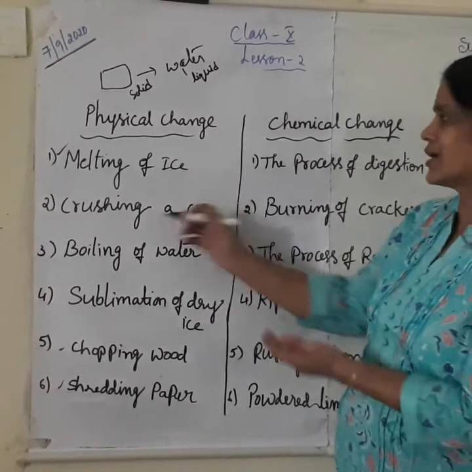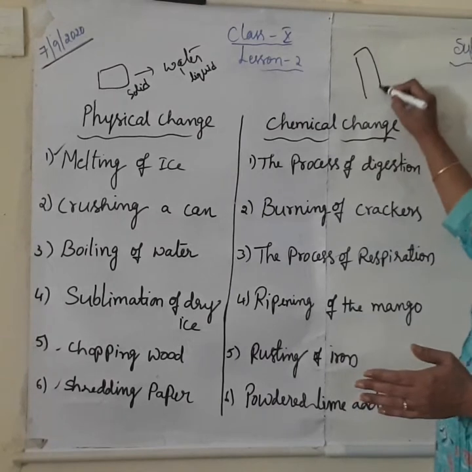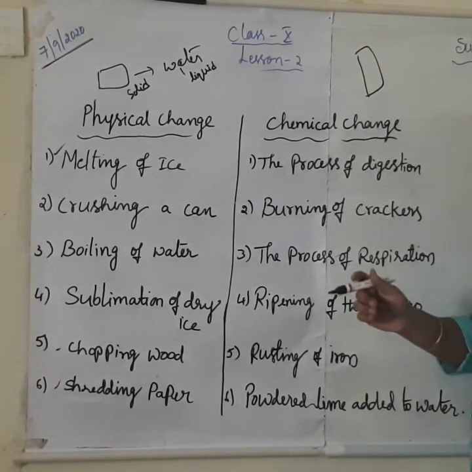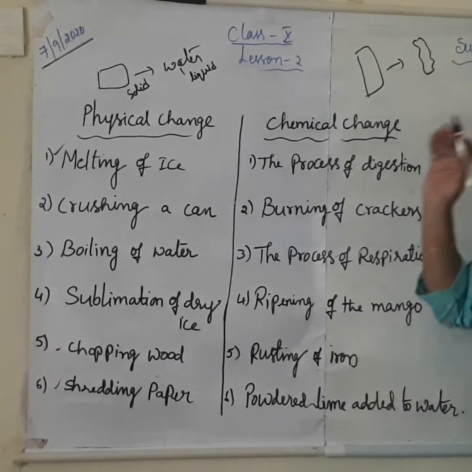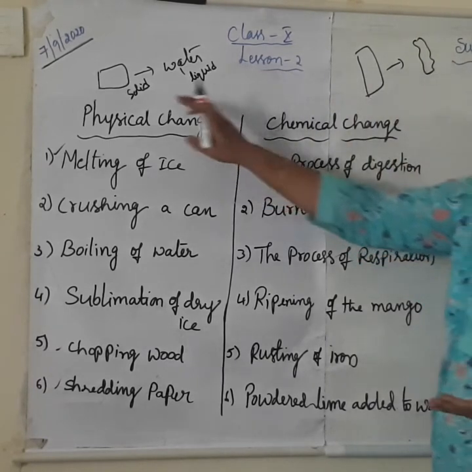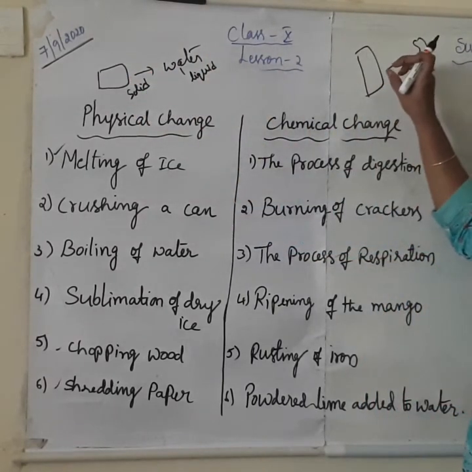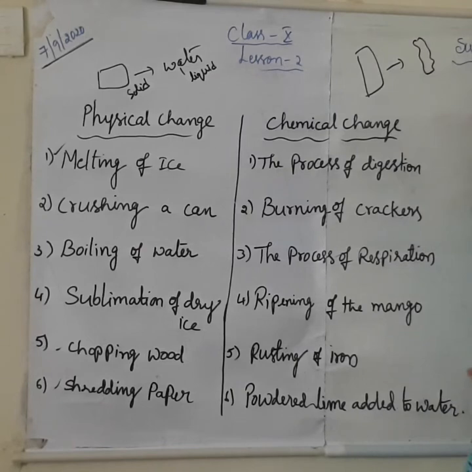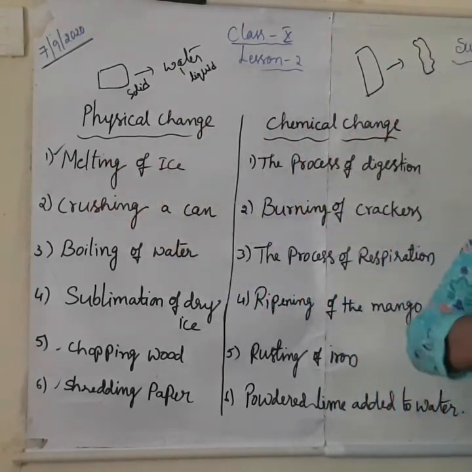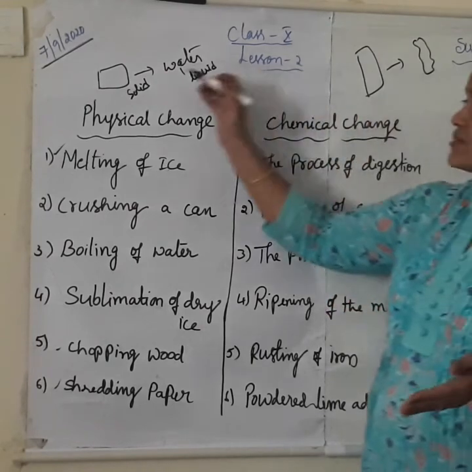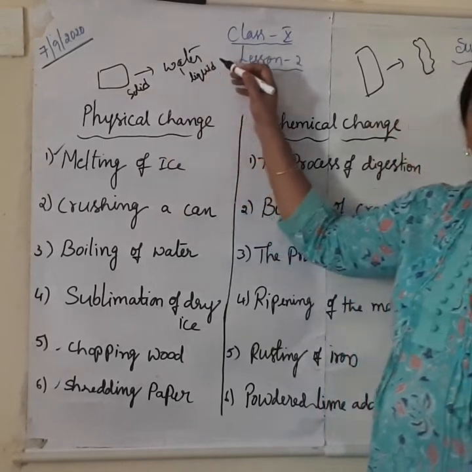Next, take the crushing of a can. You take the can, an aluminum cool drink can, and when you crush it, you get a different shape. There is a change in the shape of the object. So in a physical change, the substance is not changing. Whatever substance you take before the reaction, after the reaction you will get the same substance.